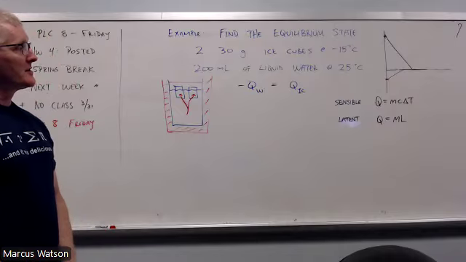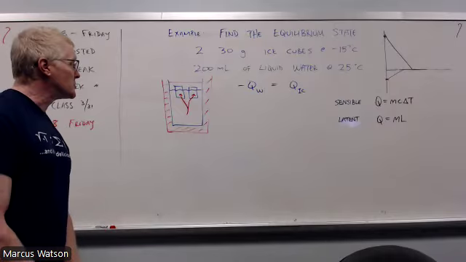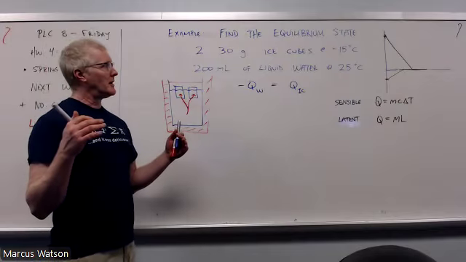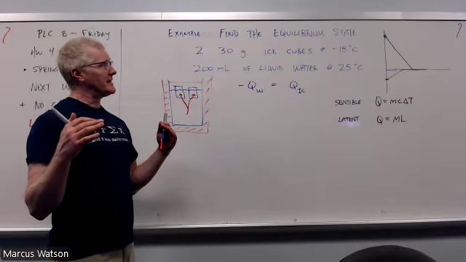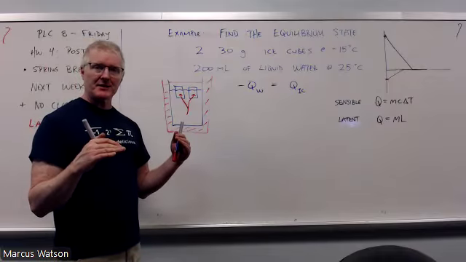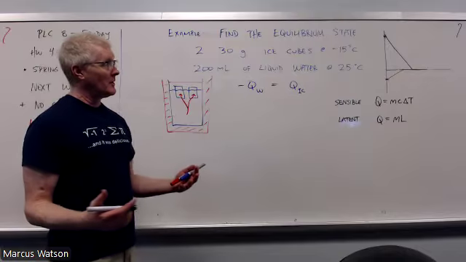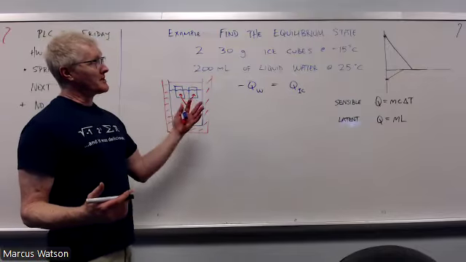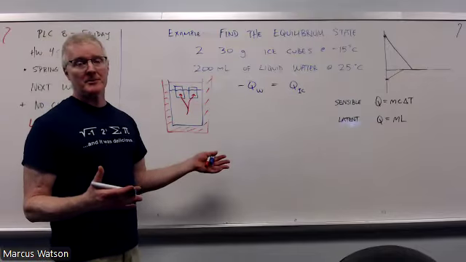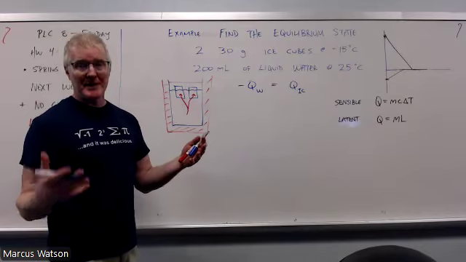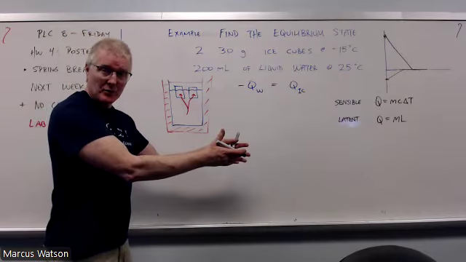The first thing to do in this case is to figure out how to look at the step-by-step process here. So why don't we look to see what's possible? What would be possible is that the ice cubes are going to warm up to 0 centigrade. One question would be, how much heat would that take?